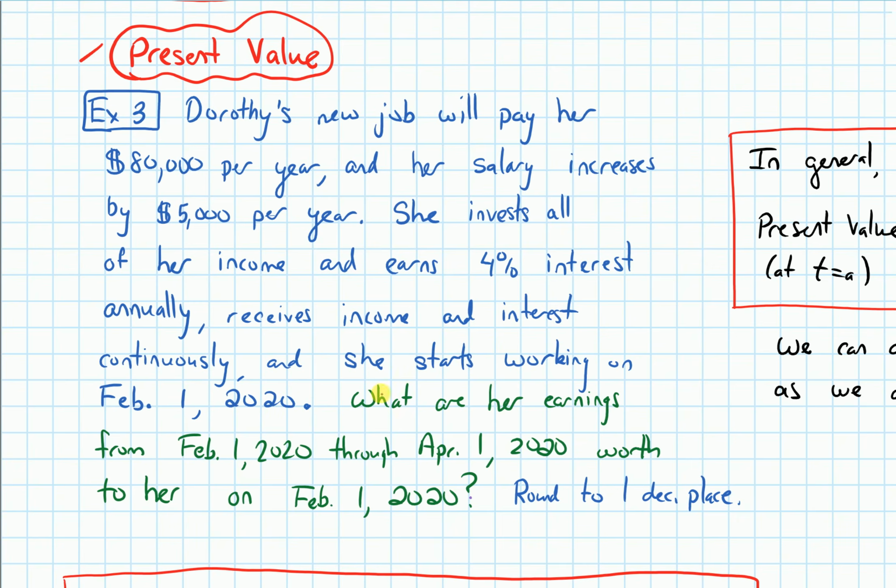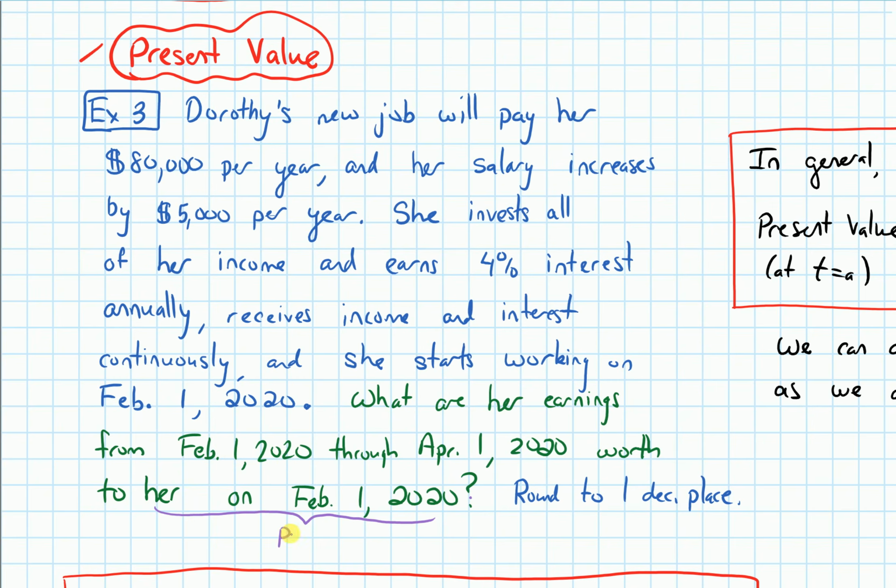The question is, what are her earnings from February 1st, 2020 through April 1st, 2020 worth to her at that starting point on February 1st, 2020? Round to one decimal place. So this is asking a hypothetical question about what the amount that she'd earn over these 2 months would be worth to her at a starting point now.